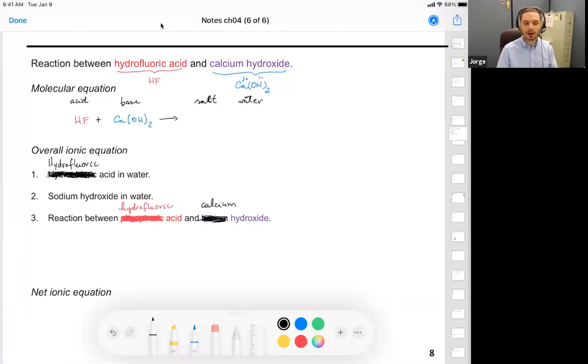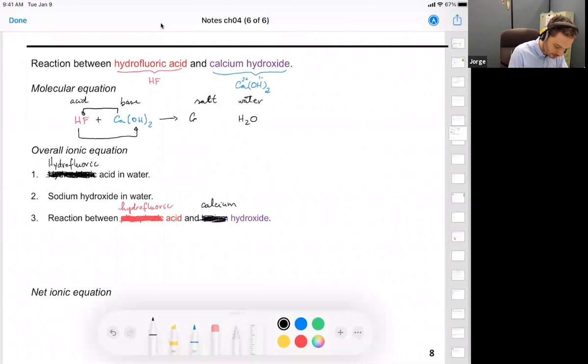And understand that this is a double displacement reaction. Hydrogen will always combine with the OH group, producing water. And in exchange, calcium is going to combine with fluorine to produce a salt.